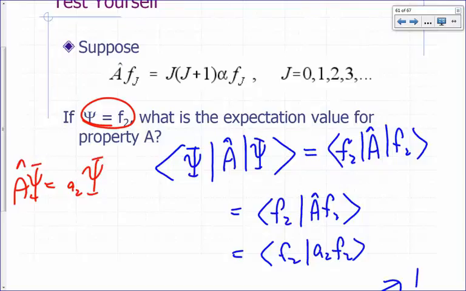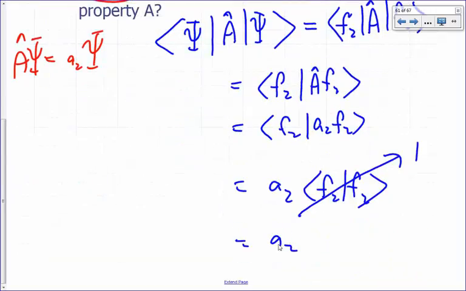So if psi is an eigenfunction of the operator, it has a well-defined value. What is that value? Whatever the eigenvalue is that corresponds to that particular eigenfunction. So it's just going to be A2. In this case, what was A2? J times (j plus 1) alpha. It's going to be 6 alpha.